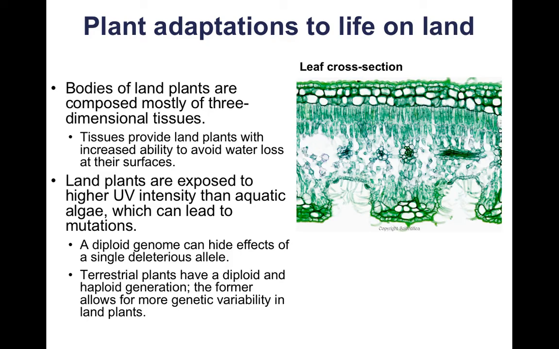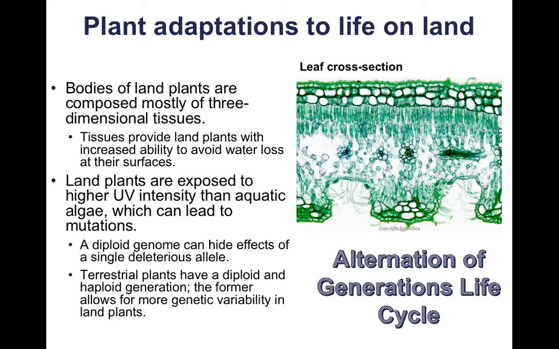The diploid generation is going to allow for more genetic variability in land plants and more protection against things like mutation, but also for things like changing environments. And this leads us to what's called the alternation of generations life cycle. Here we're going to start talking about these different generations, the diploid and the haploid generation.